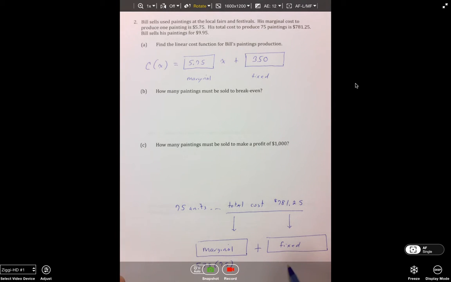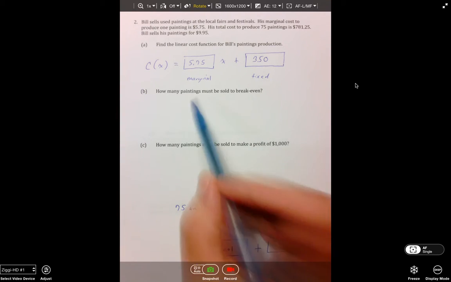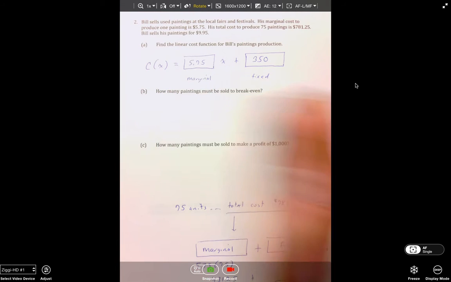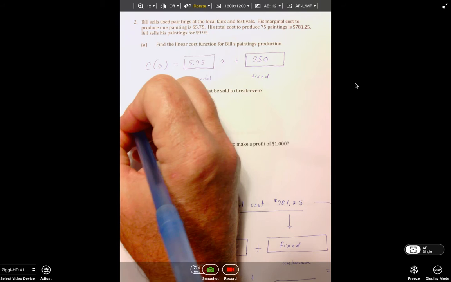The fixed cost here is the unknown. But I know that 5.75 times 75, which turned out to be $431.25, plus this value has to equal the $781.25. So I can find the fixed cost here just by taking the 781.25 minus the 431.25 to find my fixed cost, which is $350.